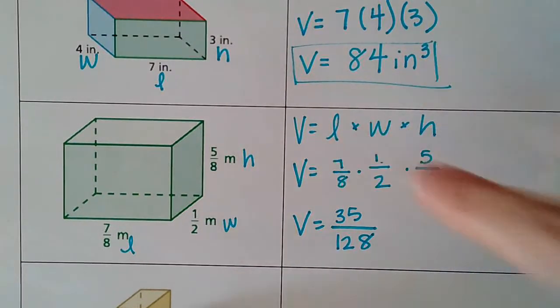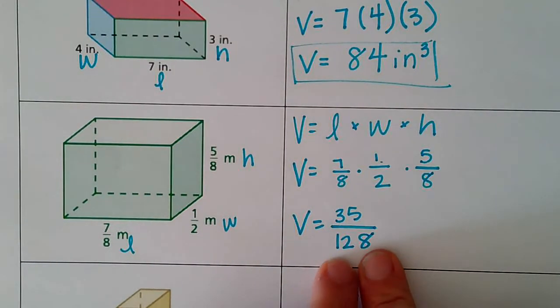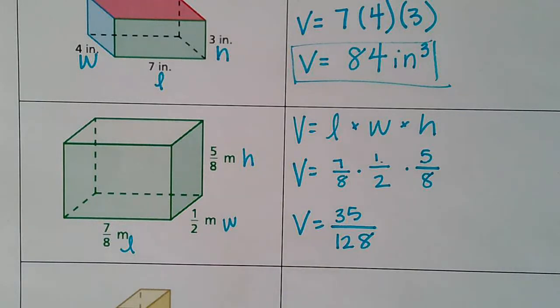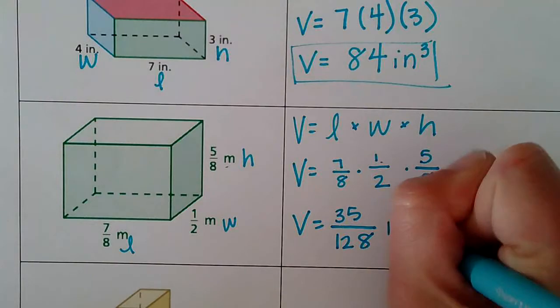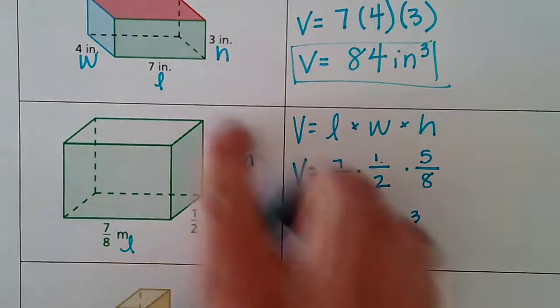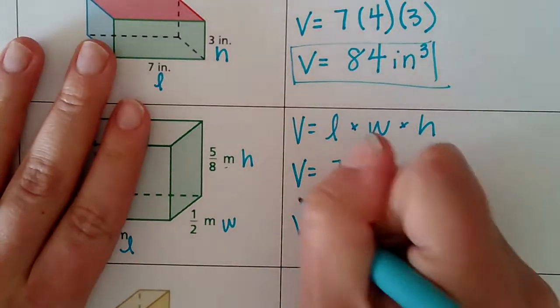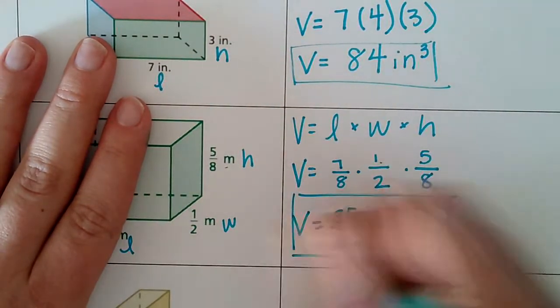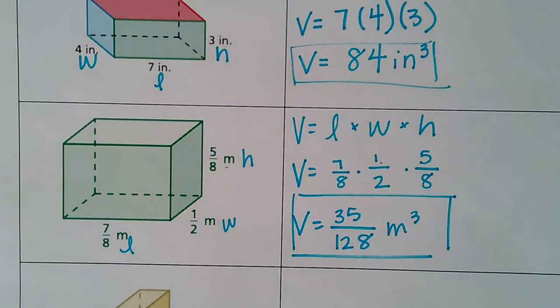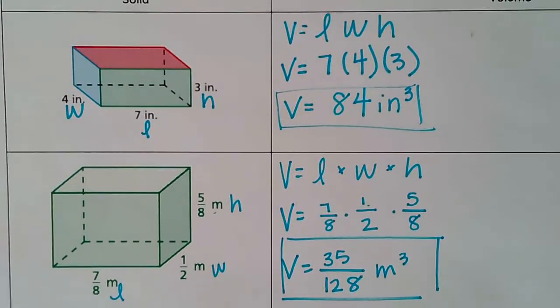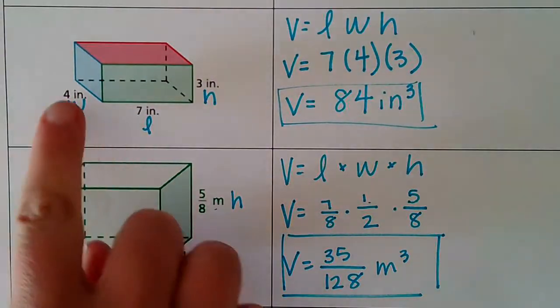If I can simplify here, I can do that, or if I need to simplify here, I can do that. This cannot be simplified, so I go ahead and say meters cubed. So the volume of this figure is 35/128 meters cubed.